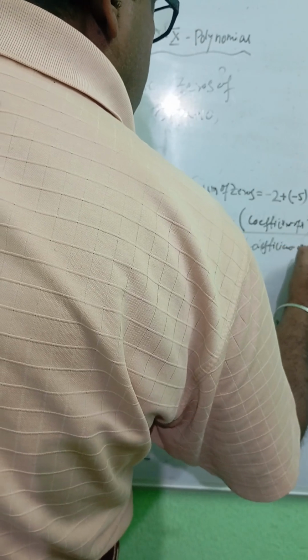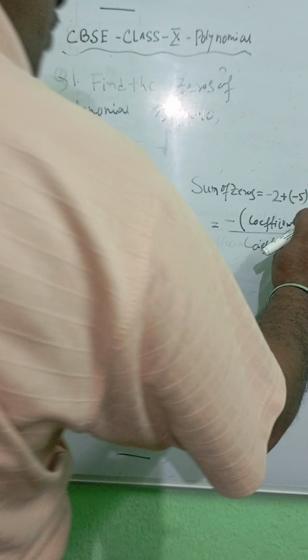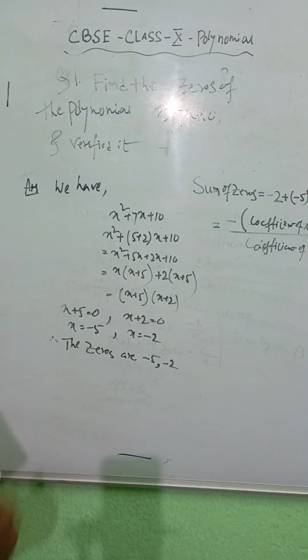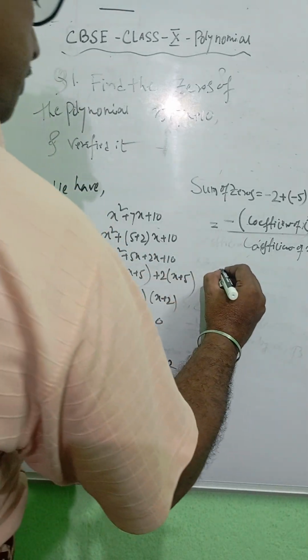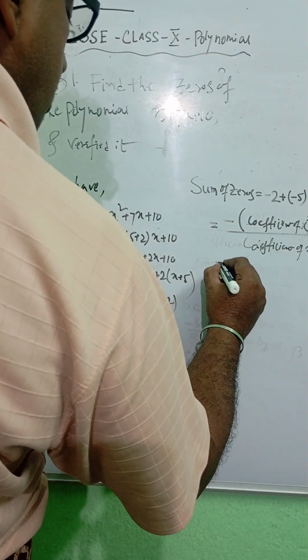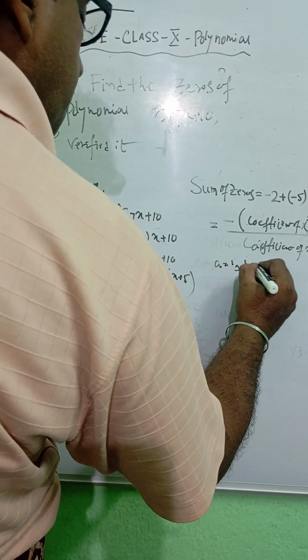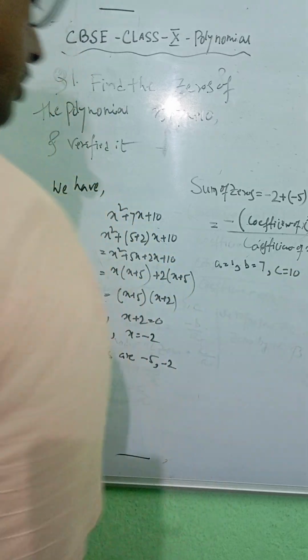Now which is the coefficient of x? Here a is equal to 1, b is equal to 7 and c is equal to 10.